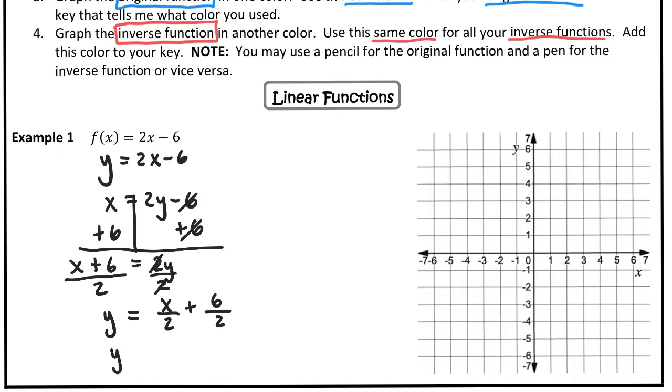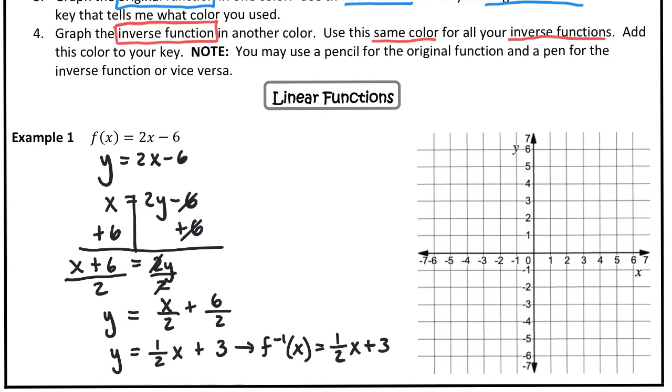And then I can rewrite this as 1/2 x plus 6 divided by 2 becomes 3. And then I can write it as f inverse of x equals 1/2 x plus 3.